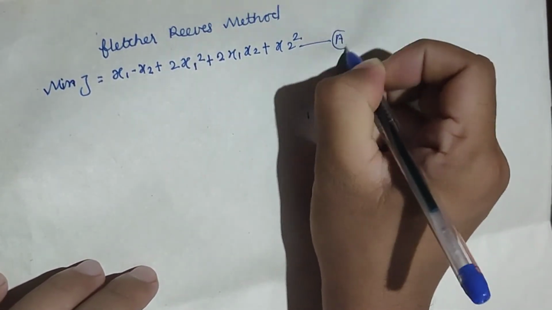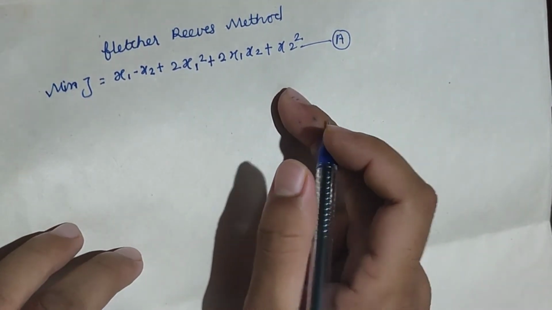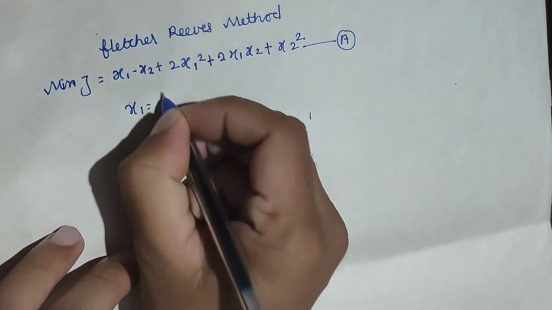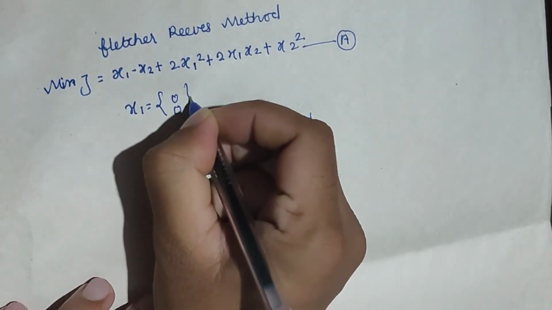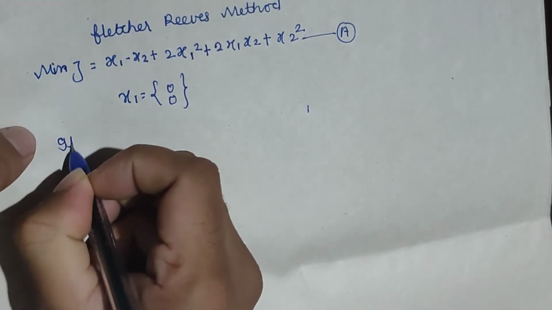This is equation number 1. In this problem no starting point is given, so I have considered x1 and x2 equal to 0 and 0. So let's start iteration number 1.